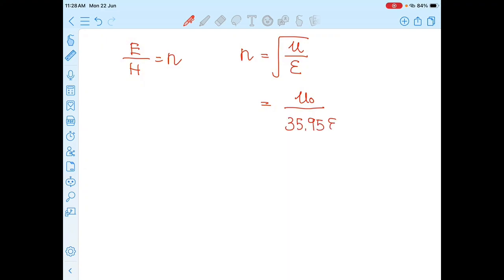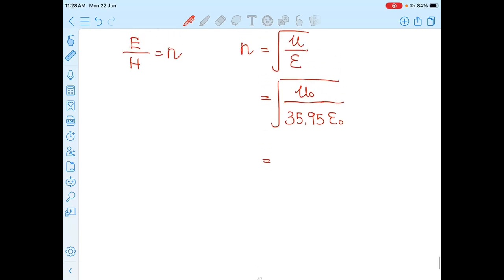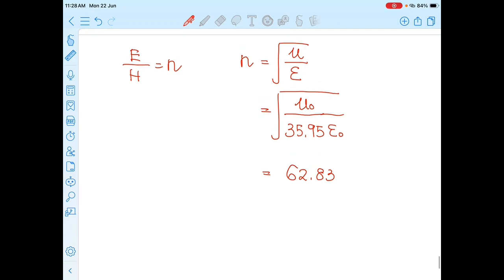35.95, the value that we calculated just now. You can put the value into your calculator to get the answer. So this is the intrinsic impedance, 62.83. Now h will be equal to E over eta, the intrinsic impedance.